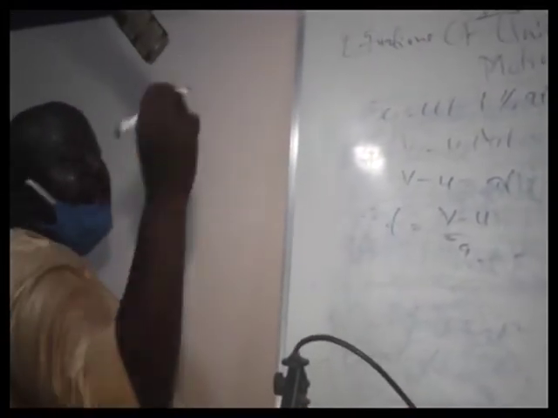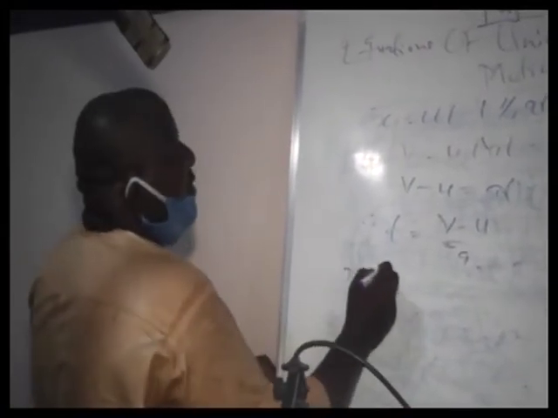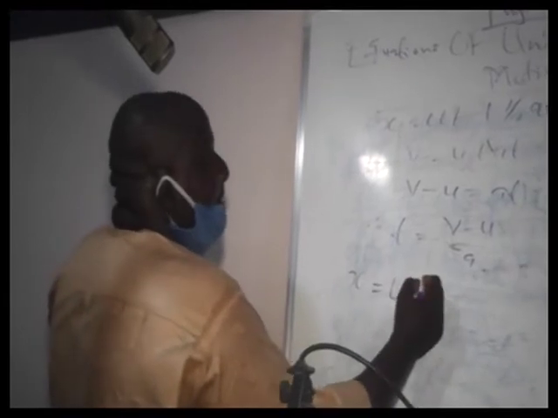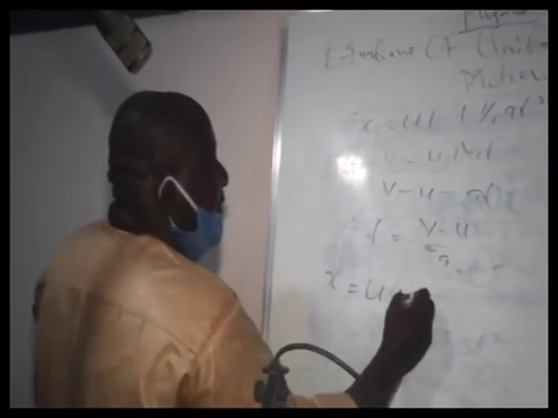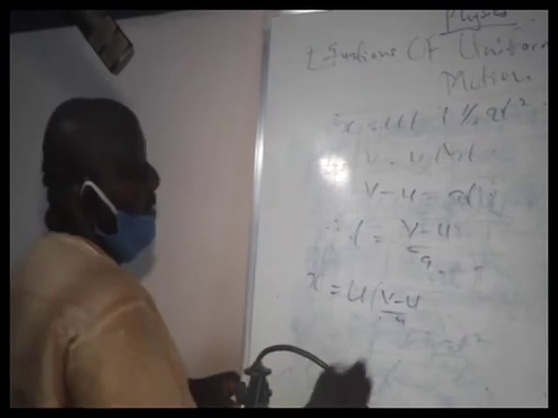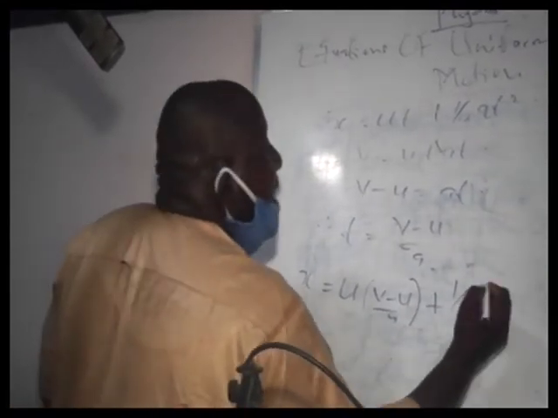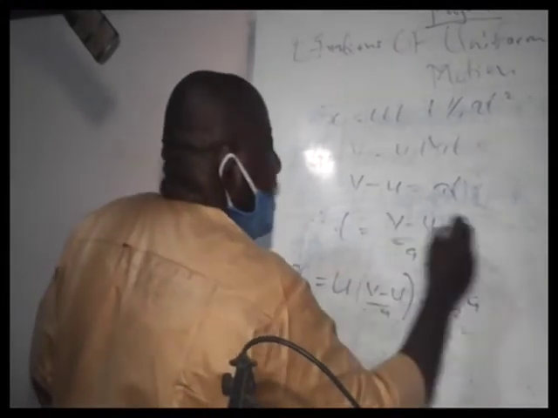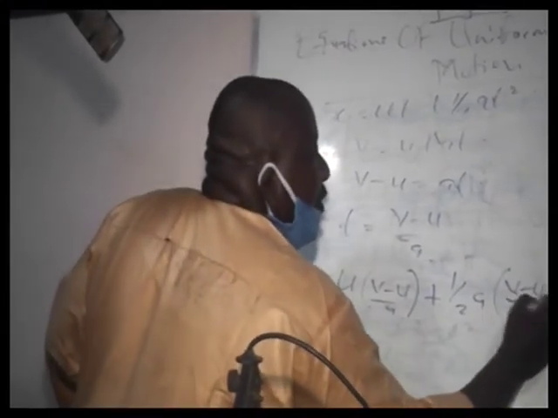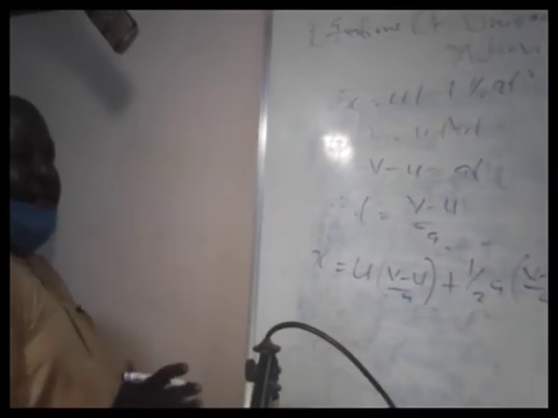So let's take that again. S now is equal to u, then we go to t, that is v minus u all over a, close the bracket, plus a half a, then t squared. So we say v minus u all over a, all squared. We have substituted the value of t from the first equation into the second equation.